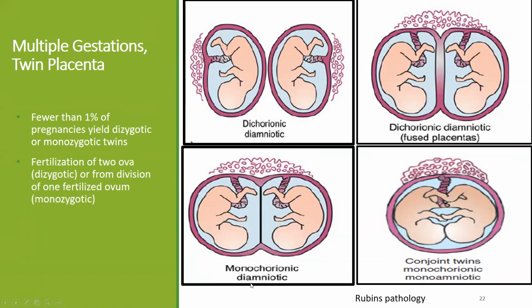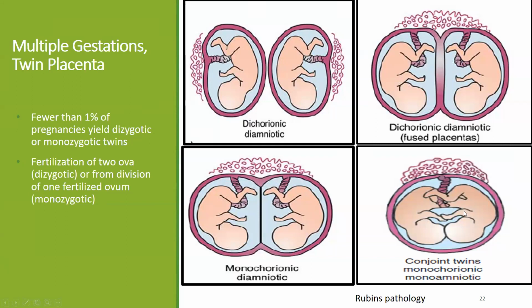Now the monochorionic diamniotic. Two fetuses, they have one chorion, so they are joining one chorion, only one chorion, while each of them has separate amnion. So monochorionic diamniotic. Each fetus has his own amnion, while the same chorion.